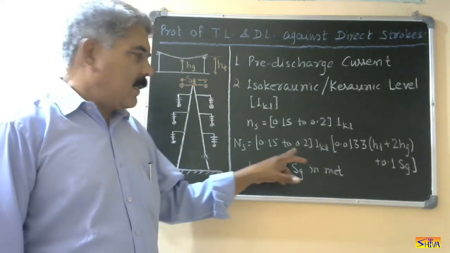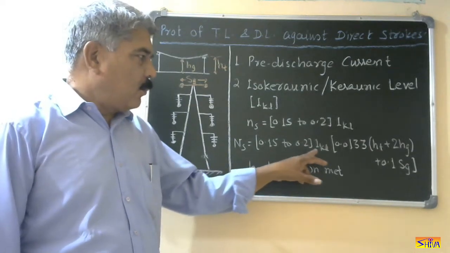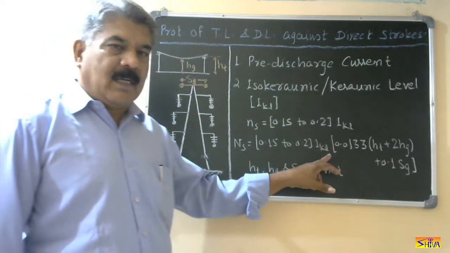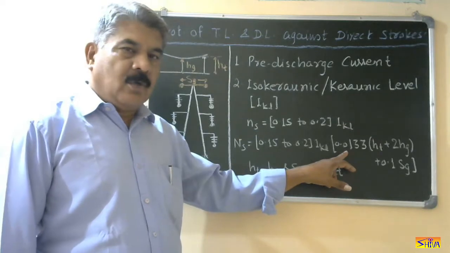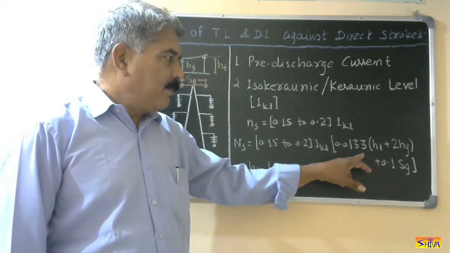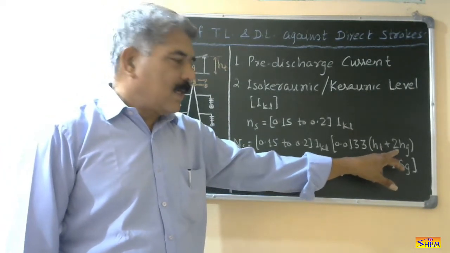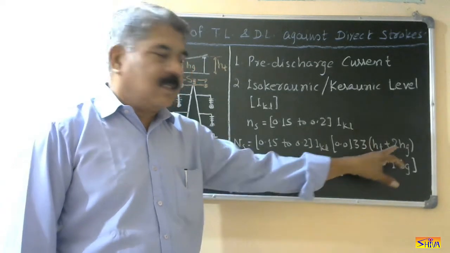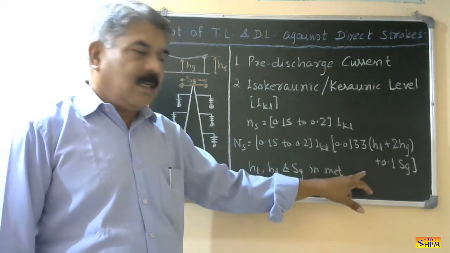It is given by 0.15 to 0.2 into IKL. This is nothing but NS complete multiplied by 0.0133 HT plus twice Hg plus 0.1 Sg. This is in brackets. So this is the equation.